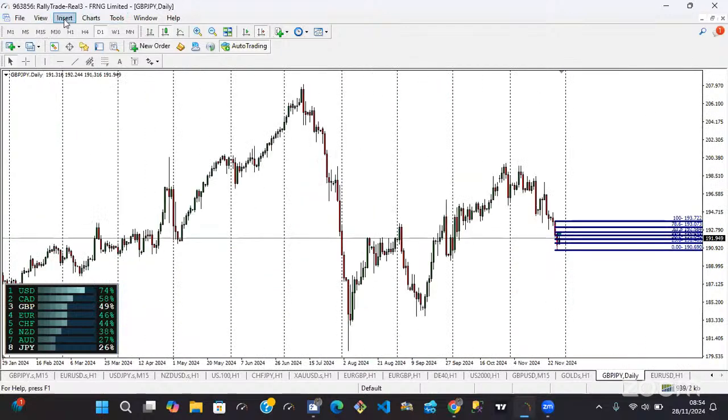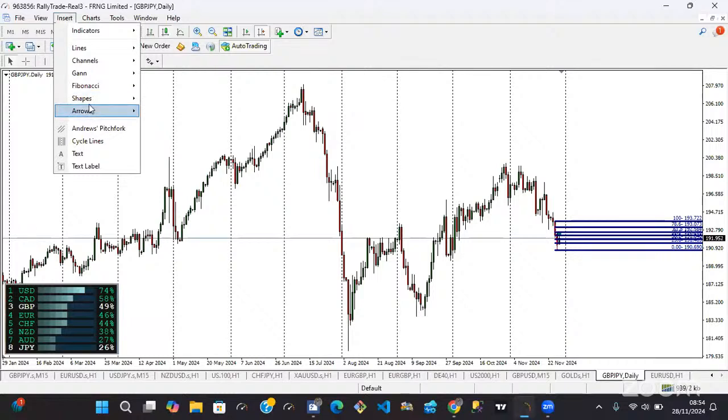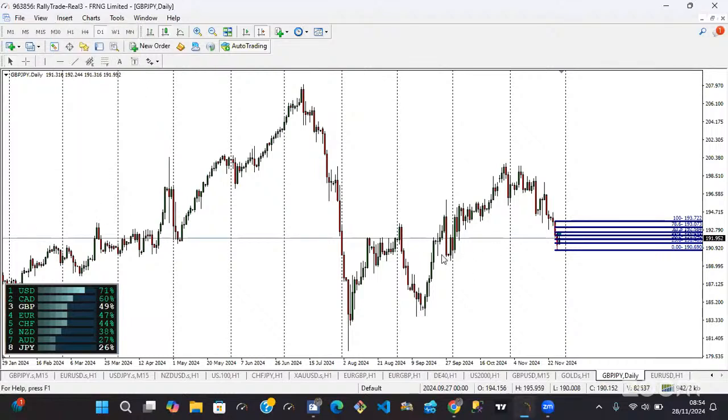If I thought there's going to be a change in the trend for GBPJPY, I'm on my daily now. I might have that change in trend right about this level right here. I might have that change in trend around this level right here, okay? Or if I use my trend line on my daily, let's see.